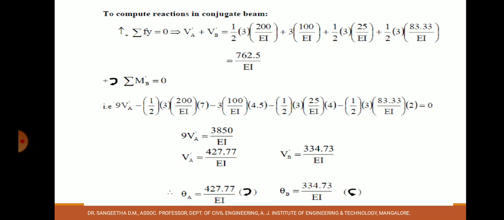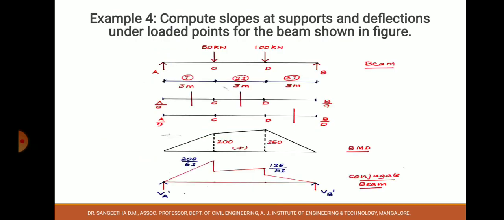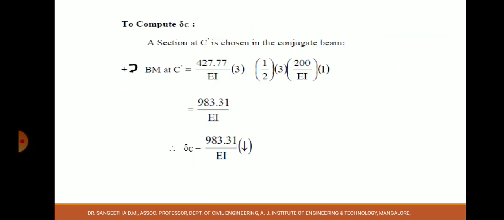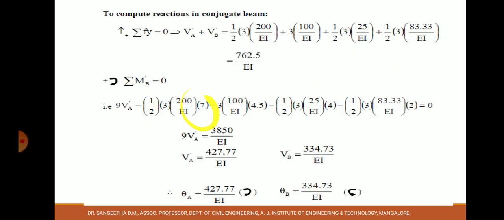Then take moment about any one point. Take moment about point B. 9 into VA' minus half into base, 3 meter, height is 200, and its CG distance is 3 plus 3, 6, and 1/3 from the base, 1/3 of 3, that is 7. So here is 7.